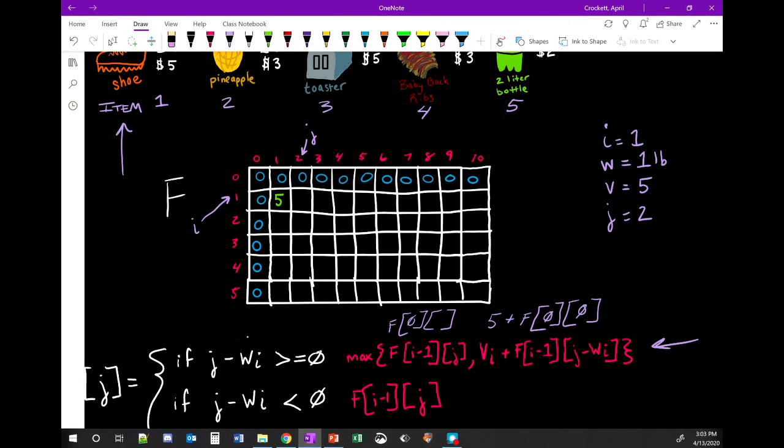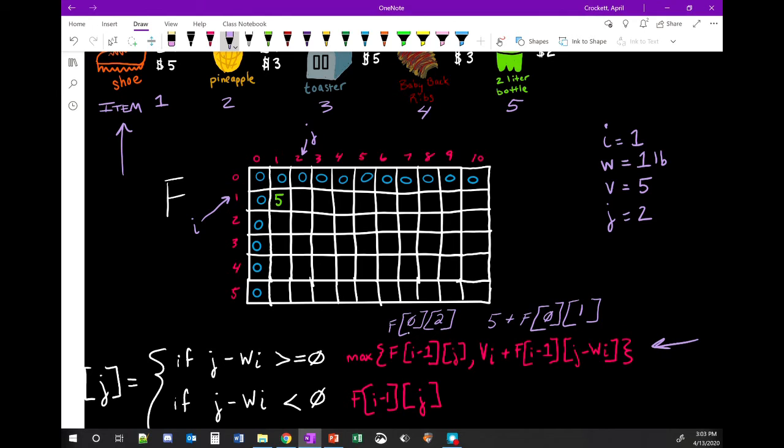So we will do this top equation where we find the max between f sub 0 sub 2, and the other one is 5 plus f sub 0 sub j minus w, so 2 minus 1, which is 1.